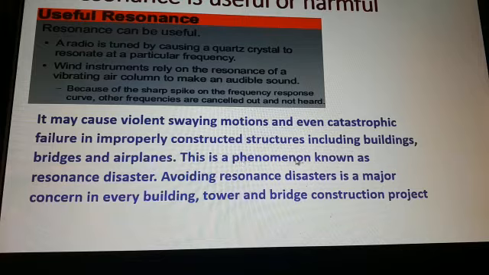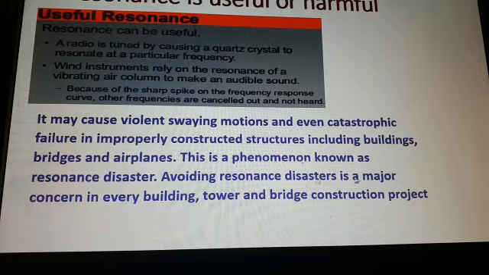This is a phenomenon known as resonance disaster. This time the resonance is harmful. Improperly constructed structures will be damaged when an earthquake or something happens, and that is called resonance disaster.